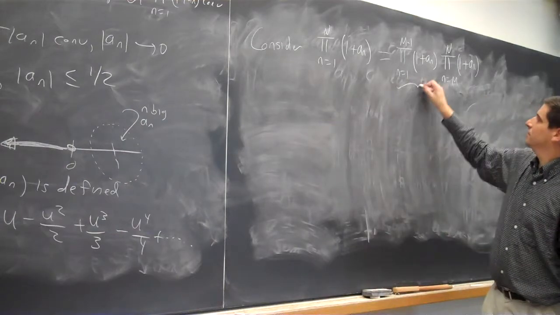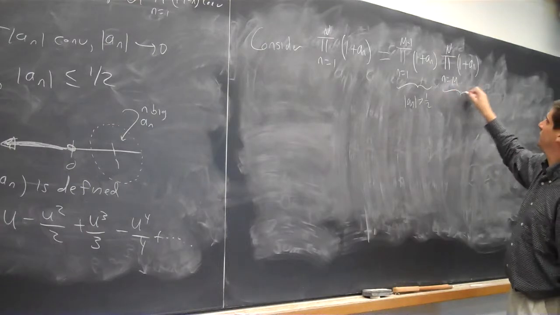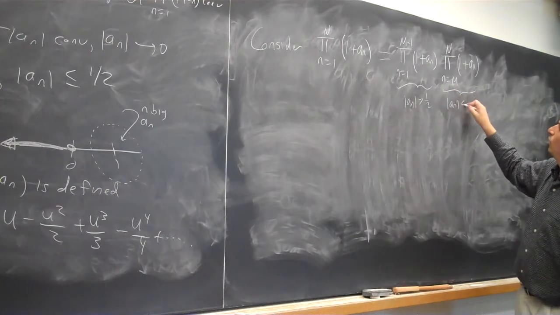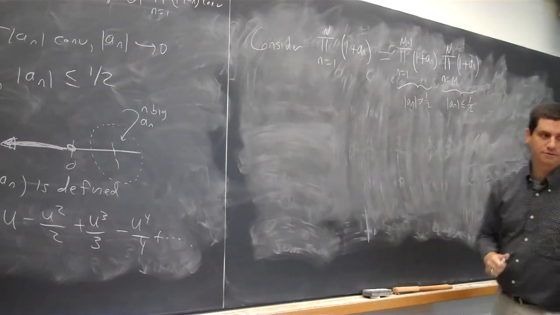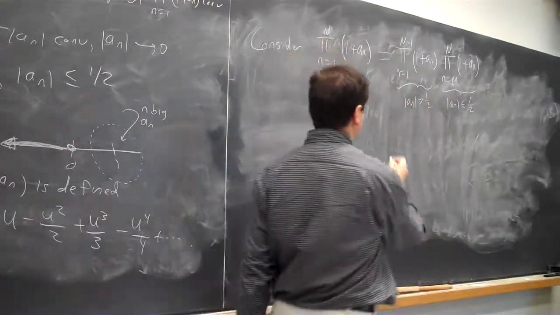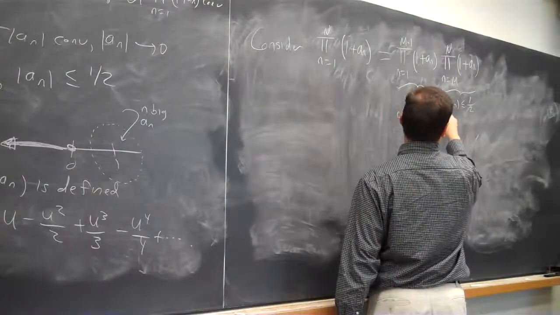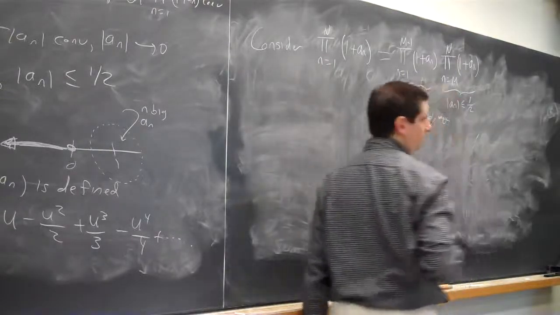Because here, the absolute value of an might be greater than 1/2, but in here, the absolute value of an will always be at most a half. And there can only be finitely many bad terms because it converges. Okay?